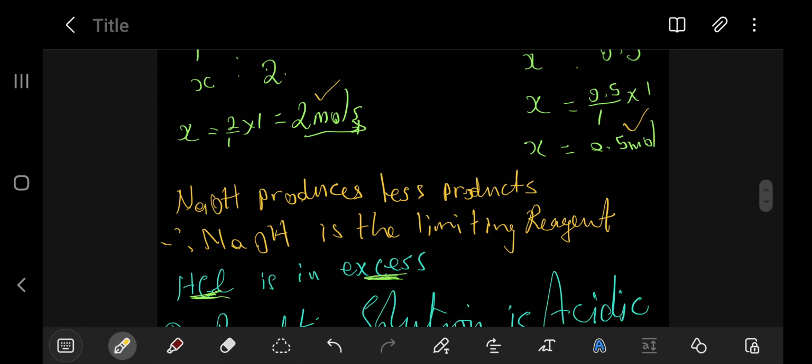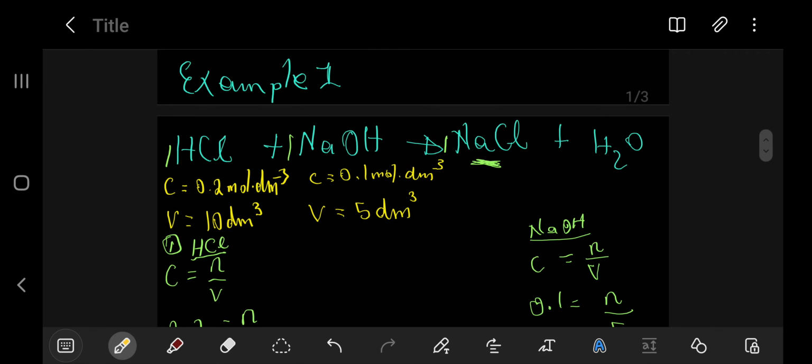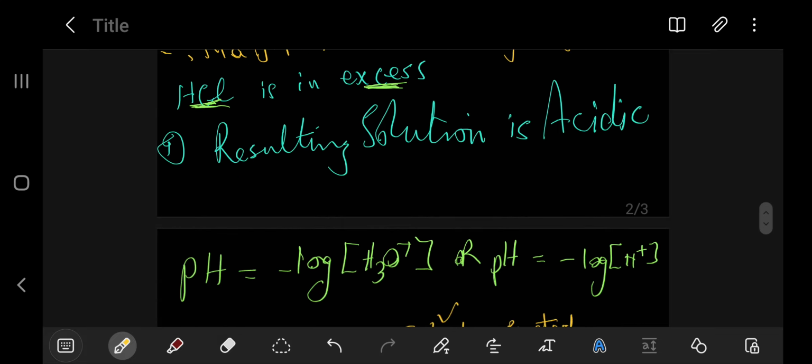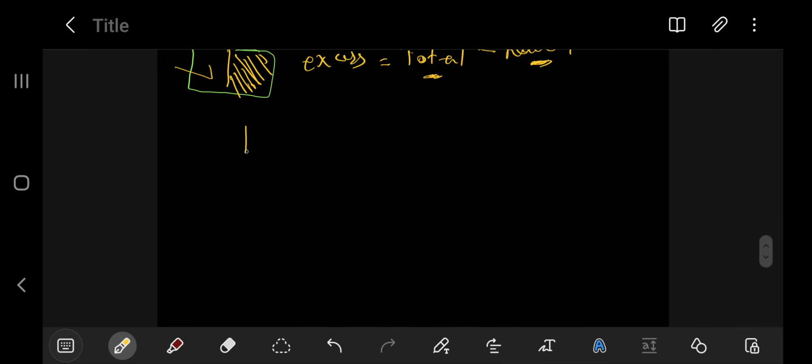But we know that what reacted is the sodium hydroxide. So you use this sodium hydroxide to determine how much of the hydrochloric acid actually reacted, right? So we want the HCl that reacted using our limiting reagent, and the ratio is 1:1 there.